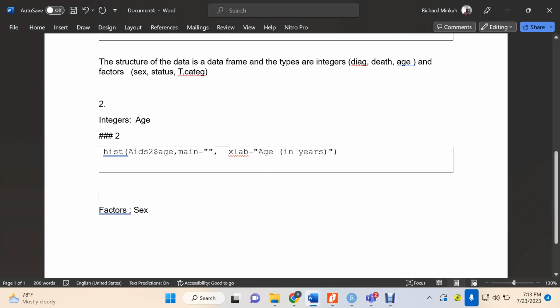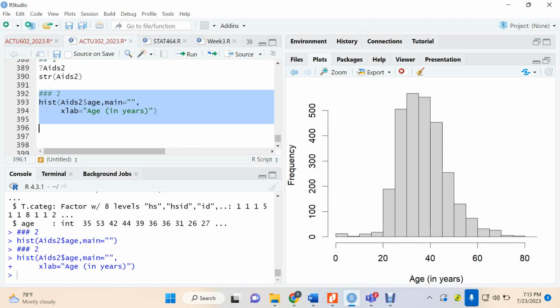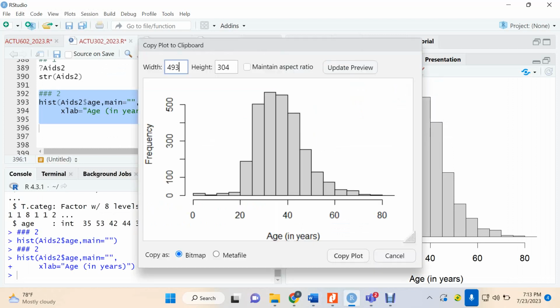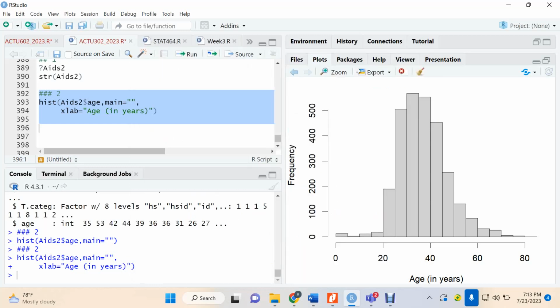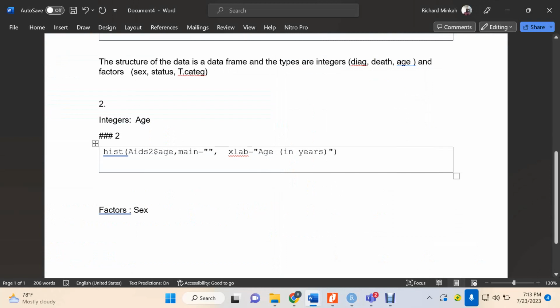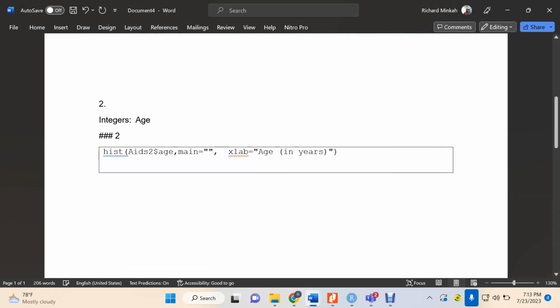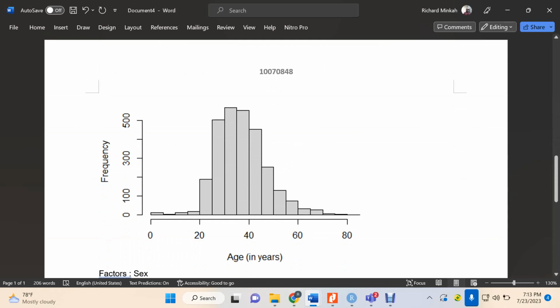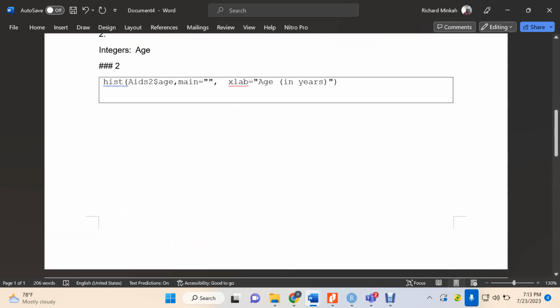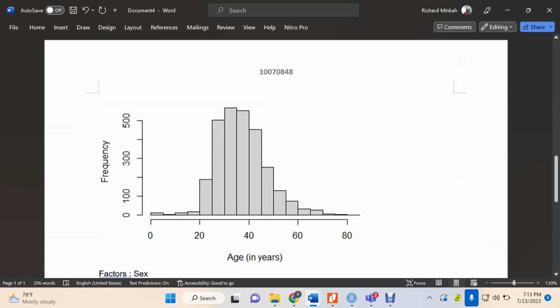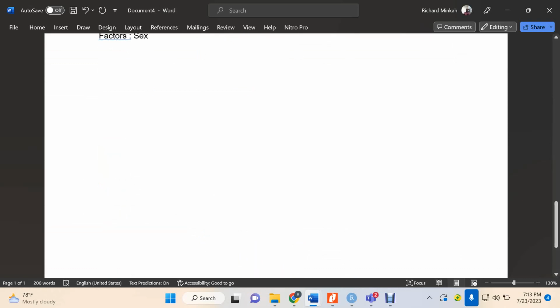You need to copy the histogram and paste it in your Word document, so that we have your code as well as the results.